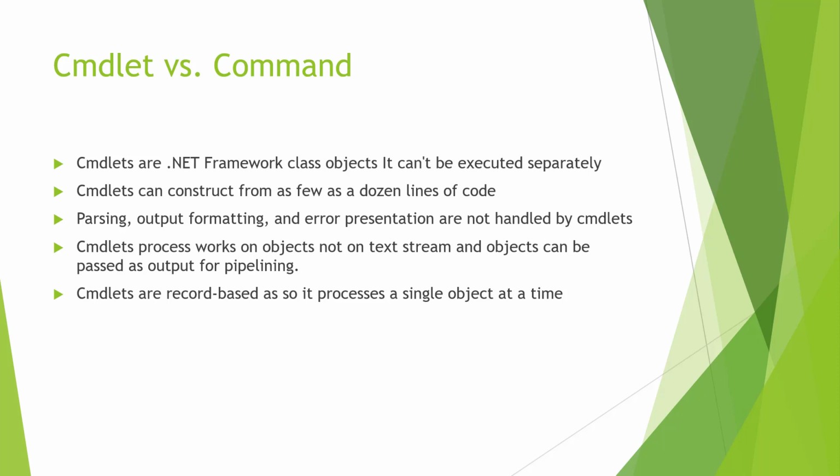Commandlet processes work on objects, not on text streams. Objects can be passed as output for pipelining, for example, or piping into other functions, but the actual object itself is not a text stream. Commandlets are also record-based, as it processes a single object at a time.